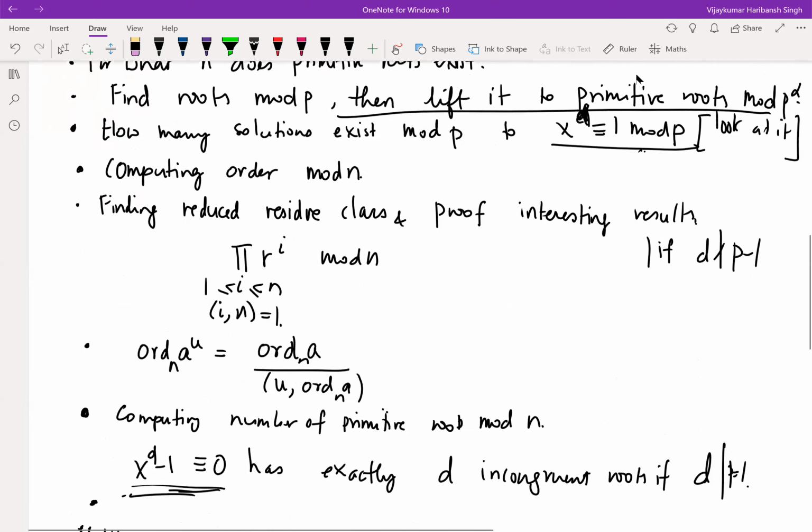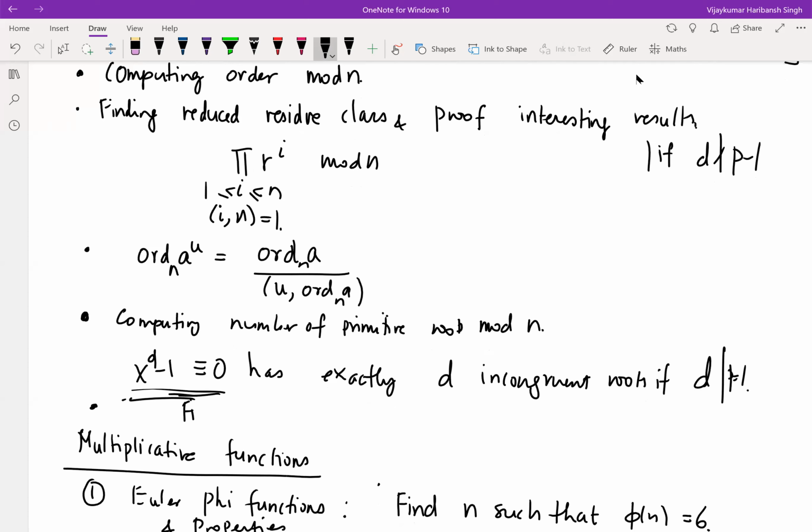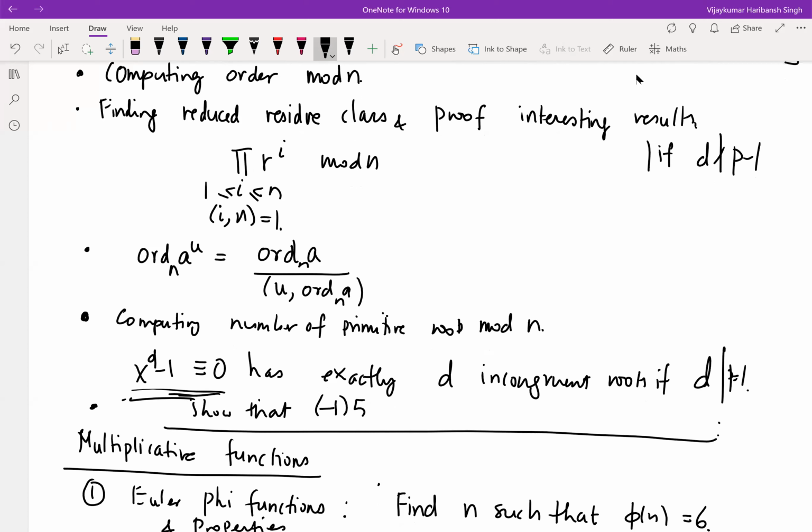One interesting problem could be to find primitive roots, or show that numbers of certain type, say -5, are not primitive roots modulo some prime p based on the structure of p, right?